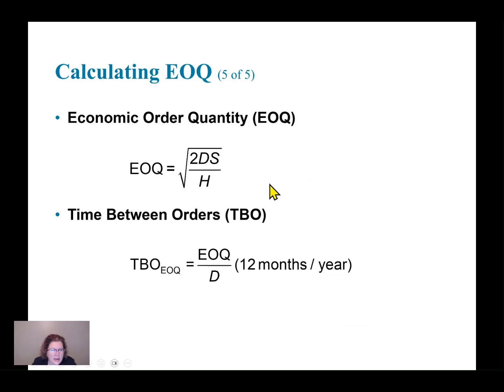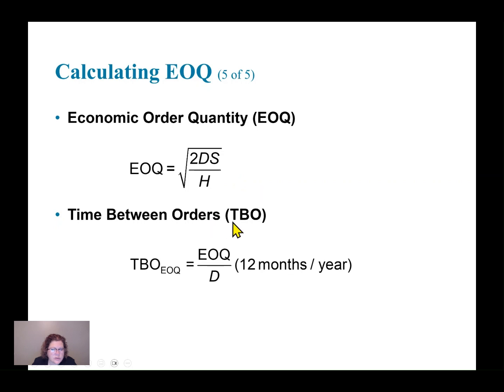And if I set those two terms equal to each other and solve for Q, I'm going to find that Q solves out to this equation here. EOQ, which is the optimal lot size, economic order quantity, which is the square root of 2 times annual demand times ordering cost divided by holding cost.